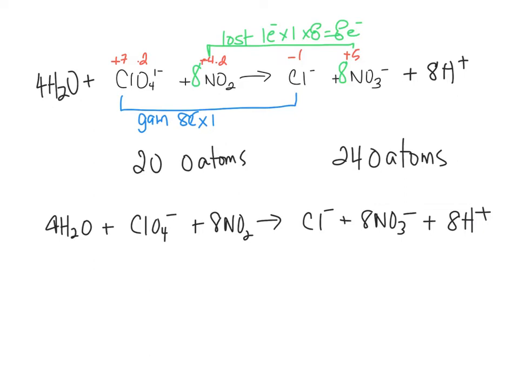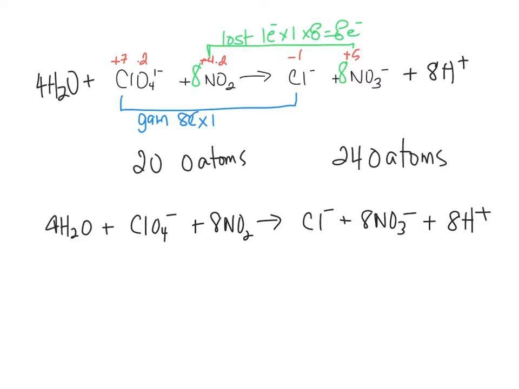Oxygen, 4, and 4 is 8, plus 8 times 2, 16. So we've got a total of 24 oxygens on the left, and we've got a total 8 times 3, 24 on the right. We've got 1 chlorine on the left, 1 chlorine on the right. 8 nitrogens on the left, 8 nitrogens on the right.